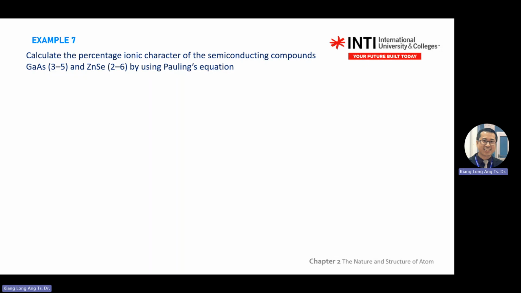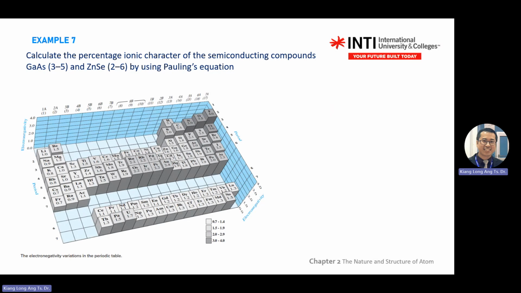Calculate the percentage of ionic character of the semiconducting compounds GaAs and ZnSe using the Pauling equation. This will be seen at the back in the appendix if this question comes up.